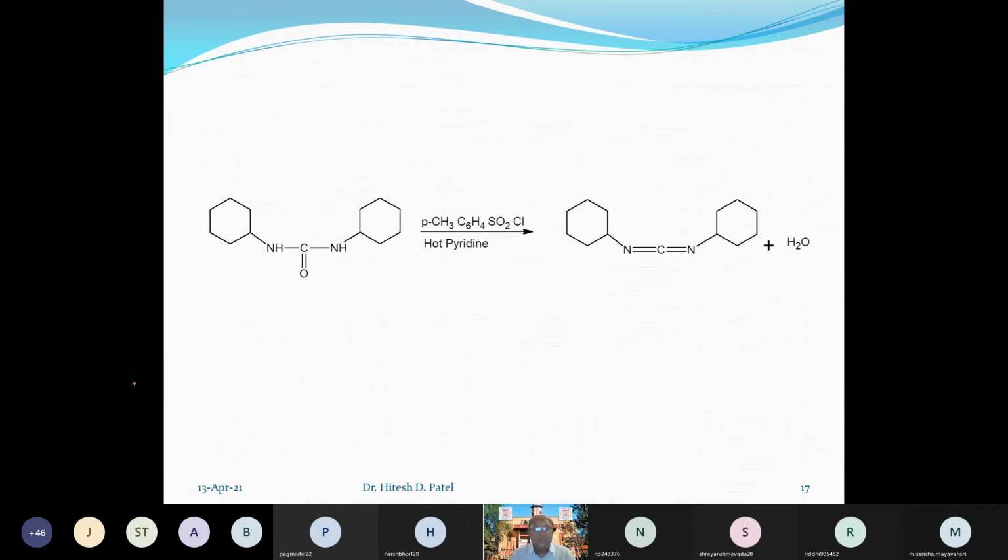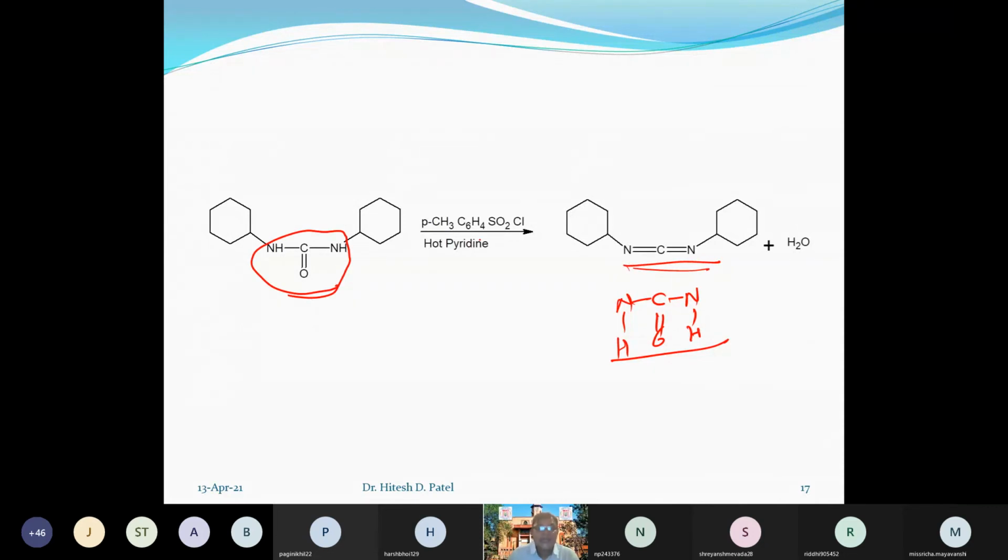Then DCC can also be obtained from hydrated DCC. Here this is the structure of DCC. When water enters this DCC, what we get is the urea, C=O with NH and NH. This is known as hydrated DCC.